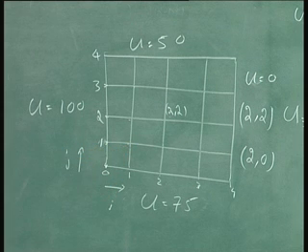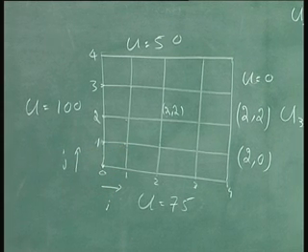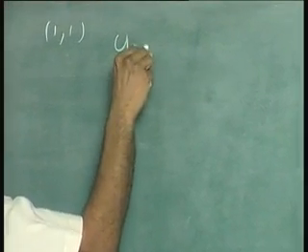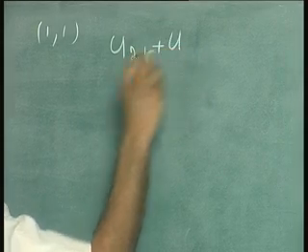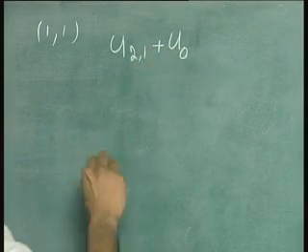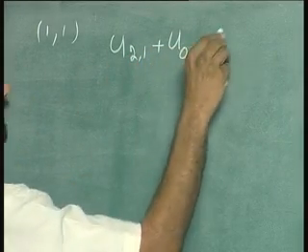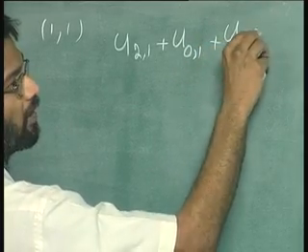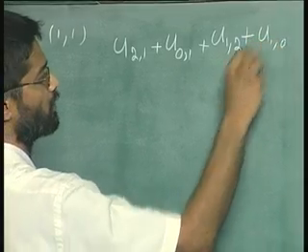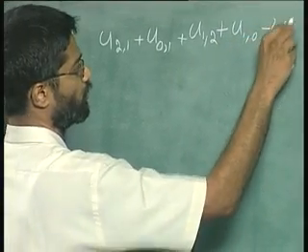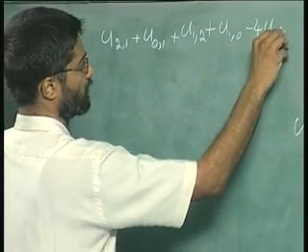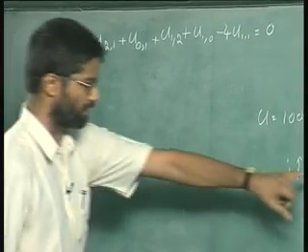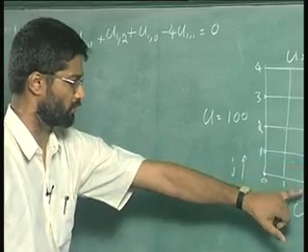So for the case 1 comma 1, I would write that as u 2 comma 1 plus u 0 comma 1 plus u 1 comma 2 plus u 1 comma 0 minus 4 u 1 comma 1 equal to 0. And now I will write for the next point, 2 comma 1.